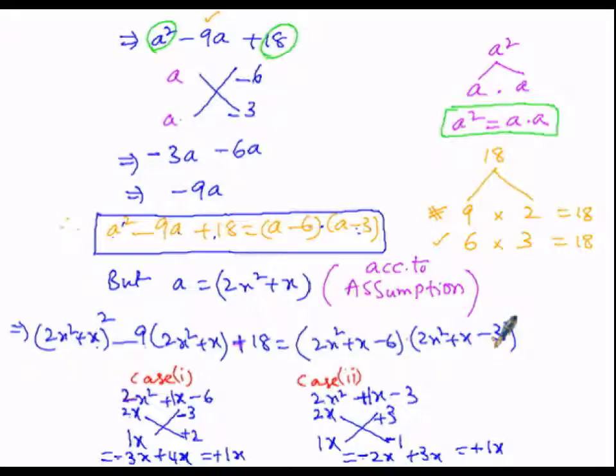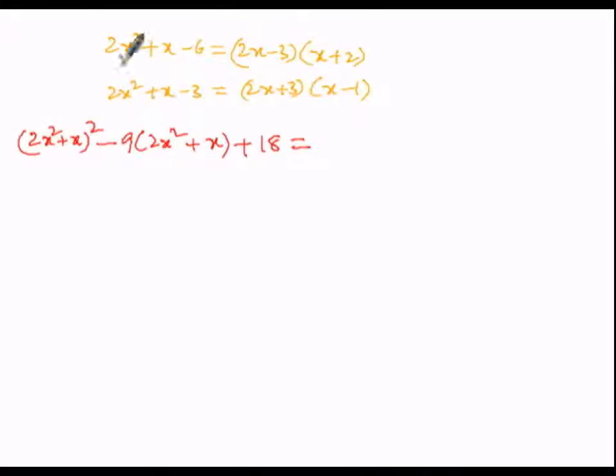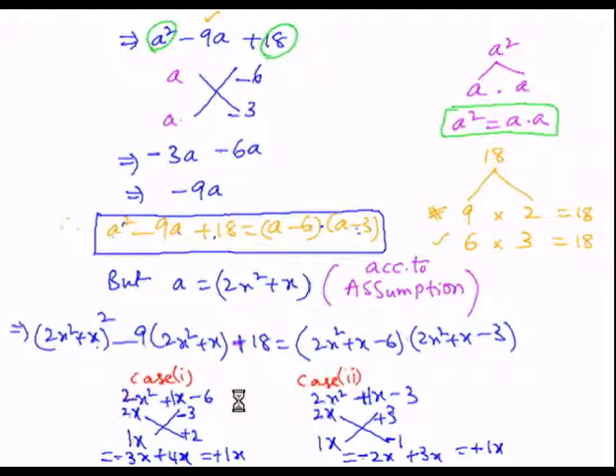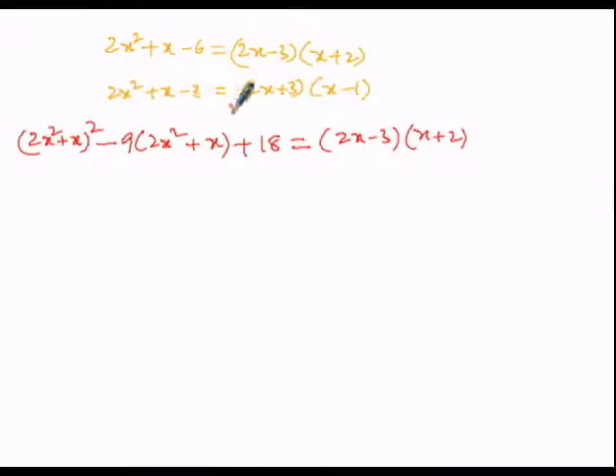According to the first factor, 2x square plus x minus 6 can be written as 2x minus 3 into x plus 2. Then the next factor is 2x square plus x minus 3, which can be written as 2x plus 3 into x minus 1.